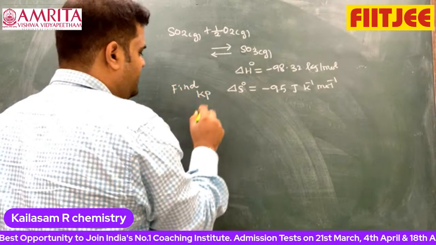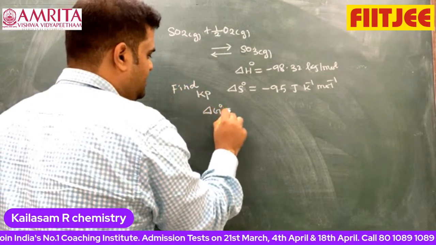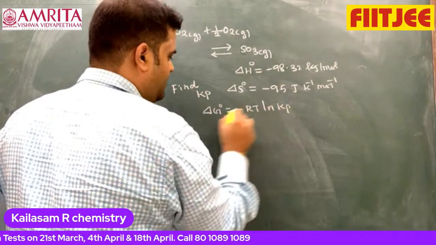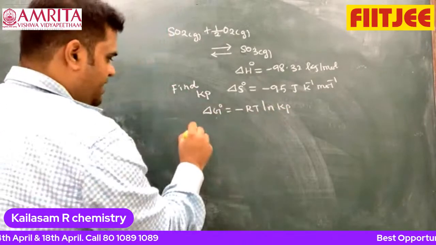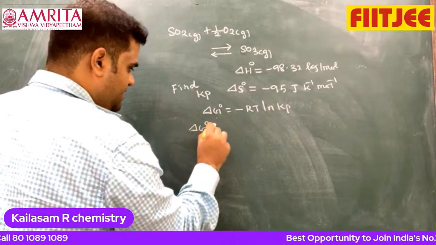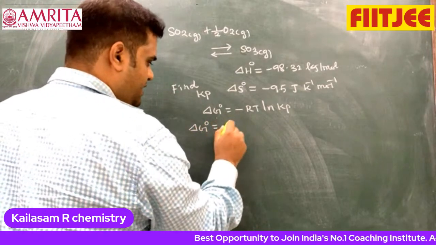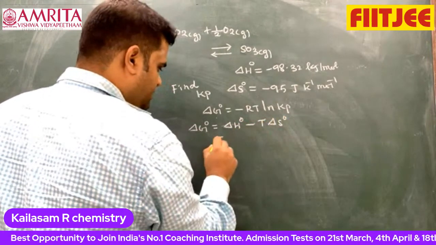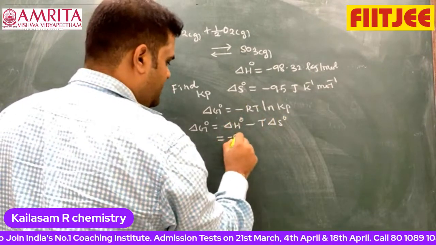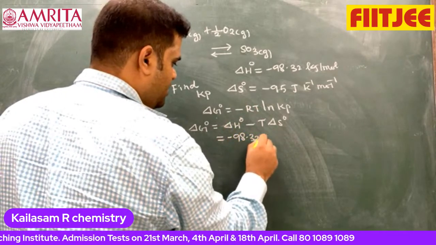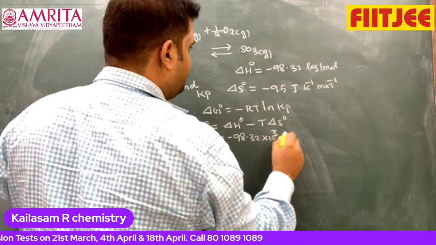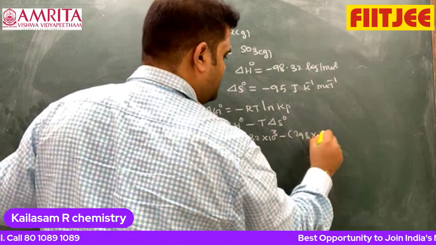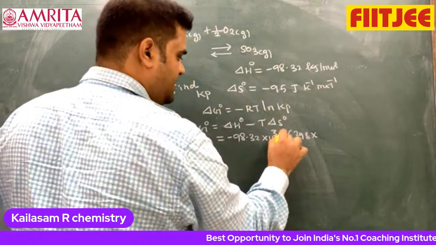So how to find it? Very simple. Delta G naught is equal to minus RT ln Kp. What is delta G naught? We know the relation: delta G naught is equal to delta H naught minus T delta S naught. Delta H naught is given as minus 98.32 into 10 power 3, minus temperature 298 Kelvin into delta S naught, which is already minus, so minus becomes plus.